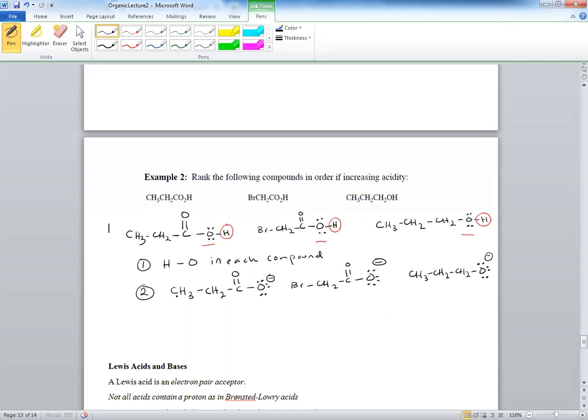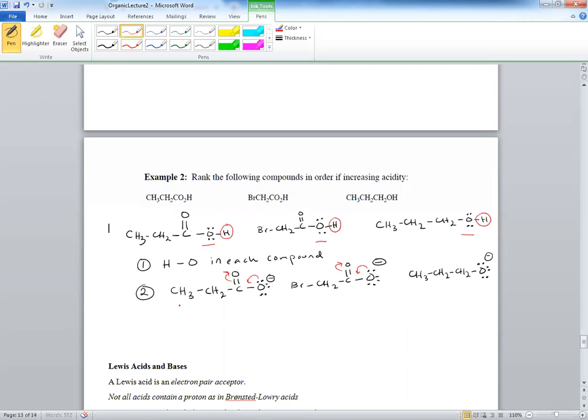Okay, so let's start. Is there resonance in each of these? Yes, there's resonance in the first one. There's resonance in the second one.